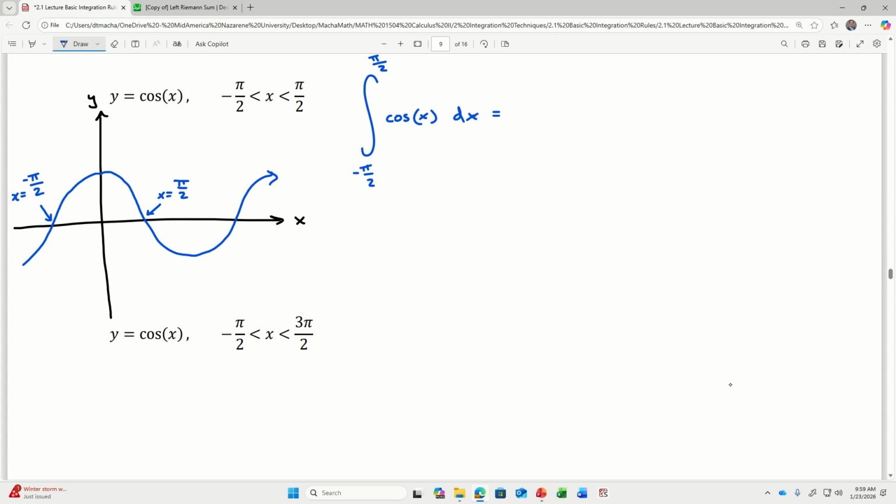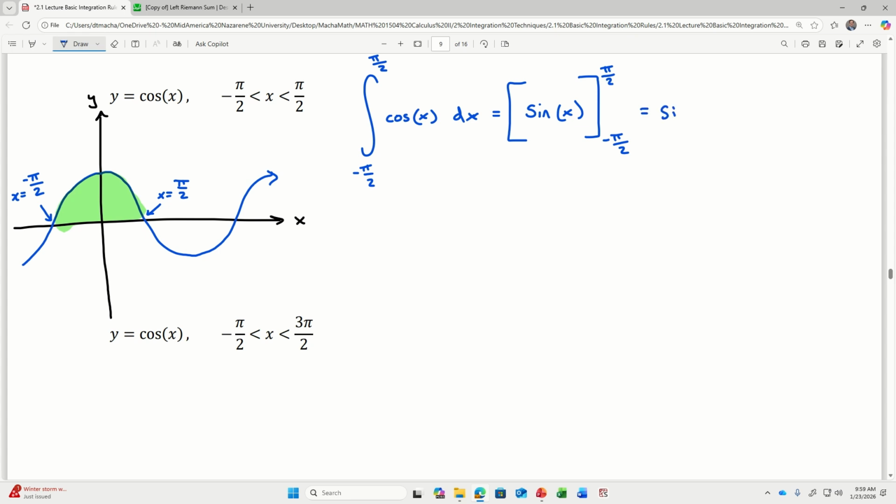that should give me the area that's bounded between this curve and the x-axis. And since this area is above the x-axis, it should count as positive area. So let's see what happens. The antiderivative of cosine is sine. And I don't have to add plus c this time because I know it would just cancel out when I plug in the upper bound and the lower bound and subtract the two.